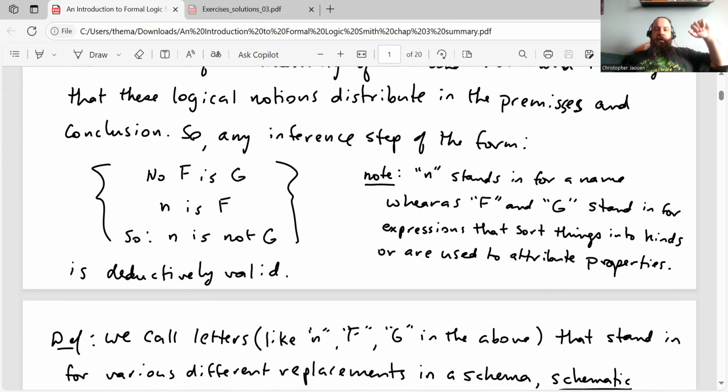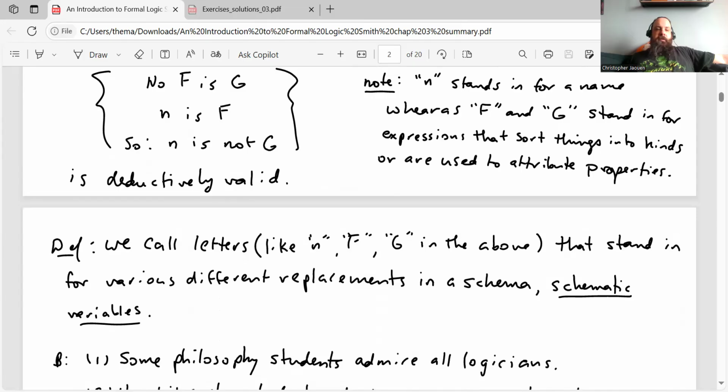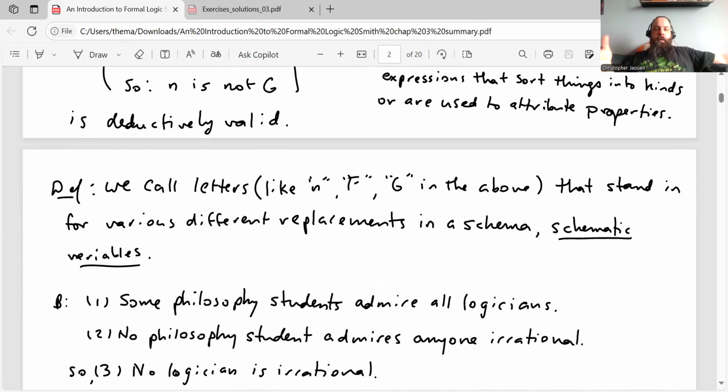And then I just have a note written here. N stands in for a name, whereas F and G stand in for expressions that sort things into kinds or are used to attribute properties. Right. And then we have a definition here for what we mean by these letters. So we call letters like N, F, and G in the above that stand in for various different replacements in a schema, schematic variables.